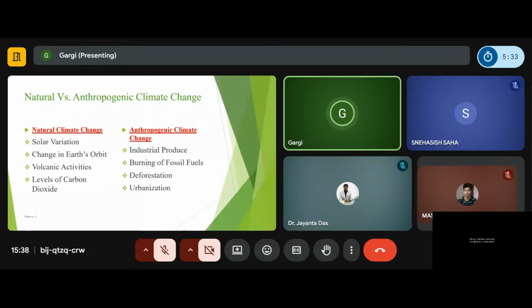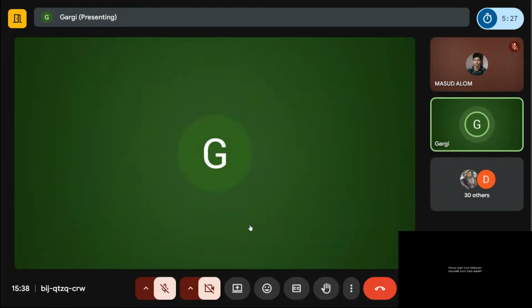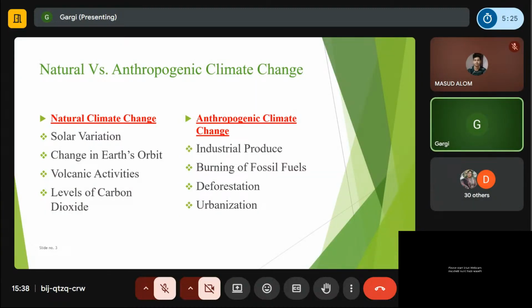In contrast to this, the human causes behind climate change are industrial produce, burning of fossil fuels, urbanization, deforestation, etc. All these result in the release of greenhouse gases and trapping of heat in the atmosphere. The concern is the rate of climate shift due to human causes is speedy and haphazard, chaotic and extreme in nature.